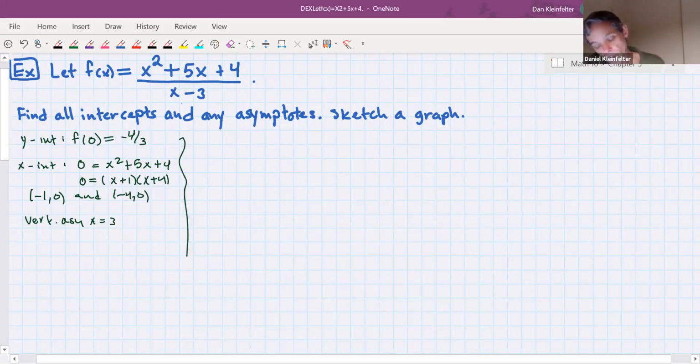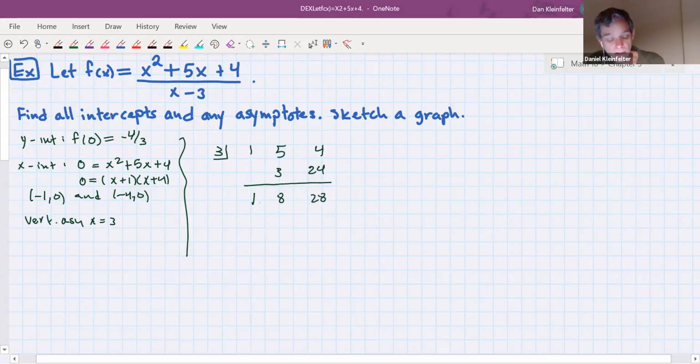And so we're going to take and divide our x squared plus 5x plus 4 by x minus 3. And so once again, we're going to do that using synthetic division. So we've got 3 outside in the little box, 1 x squared, 5x, and a 4. And then our 1 will drop straight down, multiply and add. 3 times 1 is 3, 5 plus 3 is 8, and 3 times 8 is 24, and 24 plus 4 is 28.